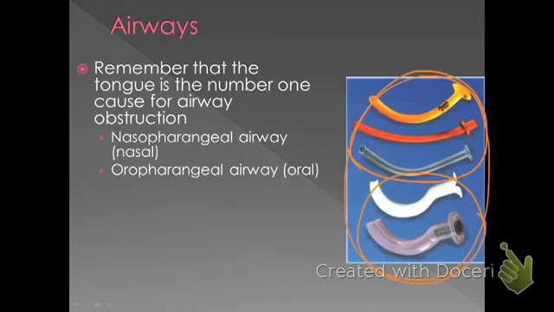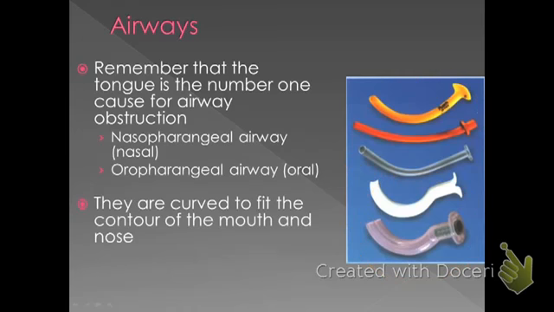Next, when we're thinking about airways, first of all, we realize that the airways in this particular picture are curved. The reason they are curved is because they are contoured to fit either the top of the mouth or the top of the nasal cavity, right? So they should just slide in and fit perfectly. Today you'll learn how to measure the airway so that we have an airway that is capable of protecting our patient from injury, but also capable of removing the tongue from the back of the throat.